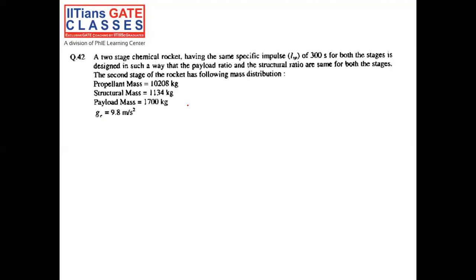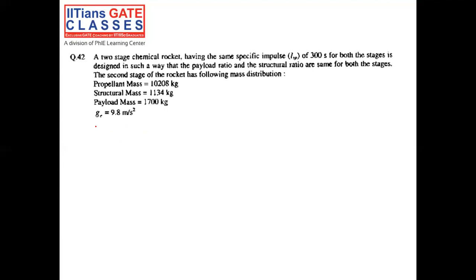A two-stage chemical rocket having the same specific impulse of 300 seconds for both the stages is designed in such a way that the payload ratio and the structural ratio are the same for both the stages. The second stage of the rocket has the following mass distribution: propellant mass, structural mass, and payload mass, and g value is given. Sorry, because this question has not come completely.